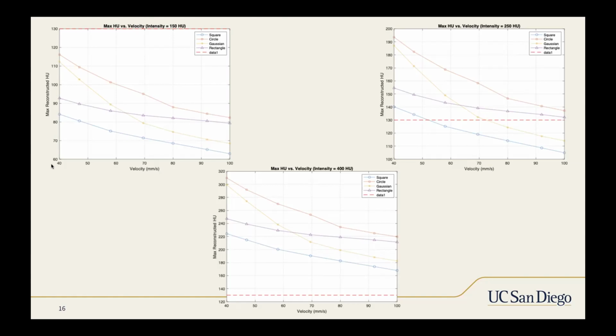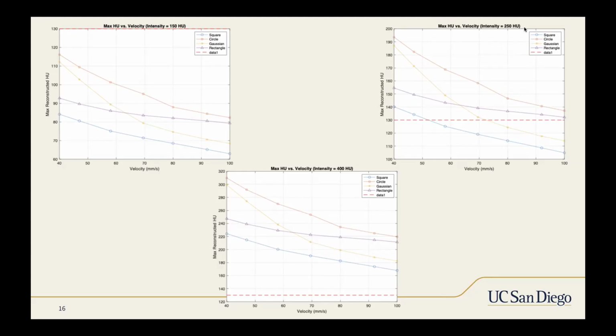Basically, with the velocity ranges we looked at, they all drop below 130 at those velocities. And as we go higher, the initial intensity, I guess, represents how dense or how big your calcium is. So it makes sense that if it's bigger, it would be easier to detect.